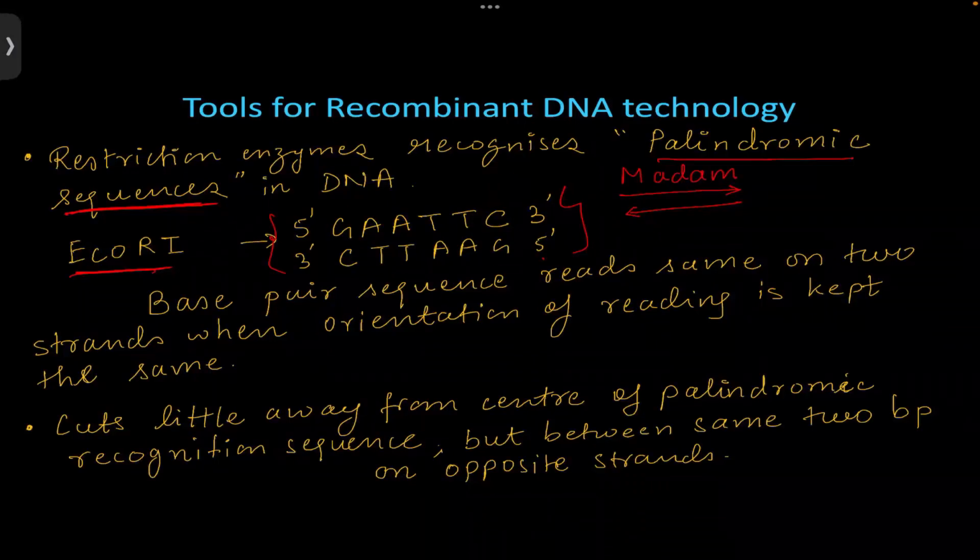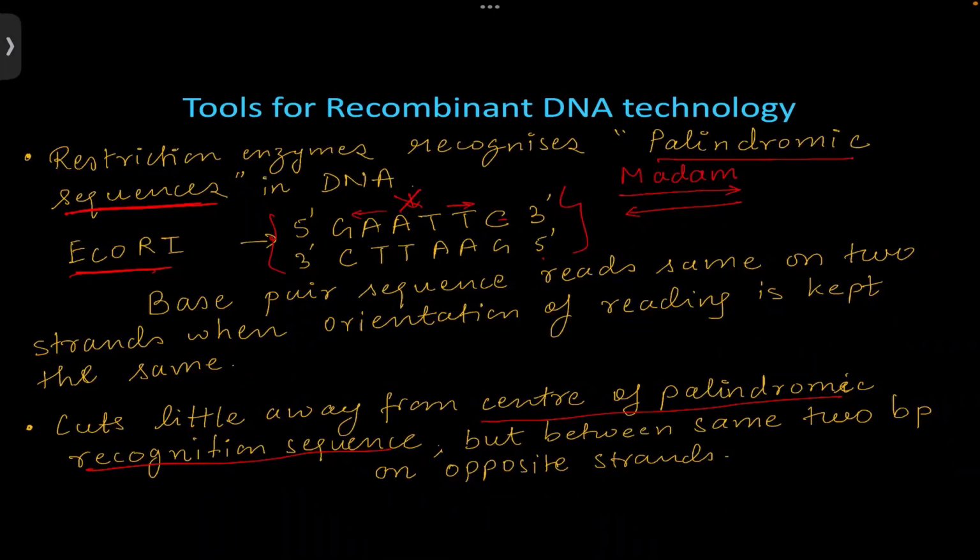So these restriction enzymes can only recognize palindromic sequences. Means their restriction sites or recognition sequences are palindromic in nature, and they have a tendency to cut a little away from the center of the palindromic recognition sequence. They do not cut exactly at the center. Like this is a 6 base pair sequence, so it will not cut here. Okay, it will not cut at the center. It will have a tendency to cut towards either this end or this end, means towards the ends.